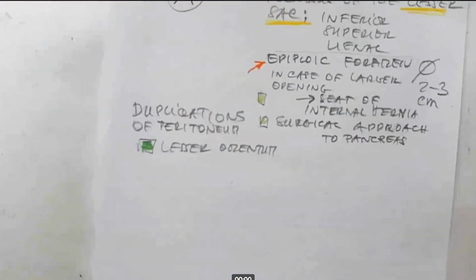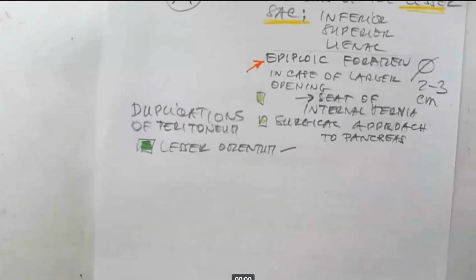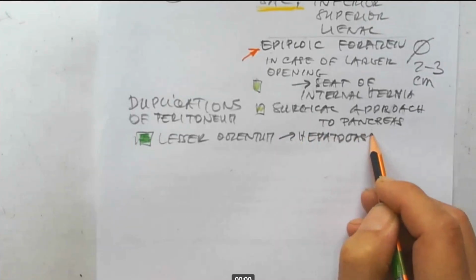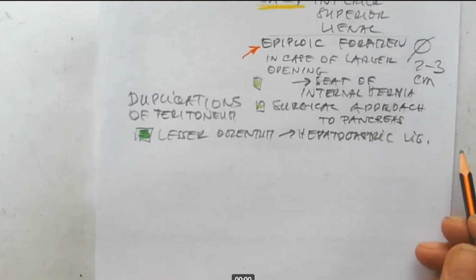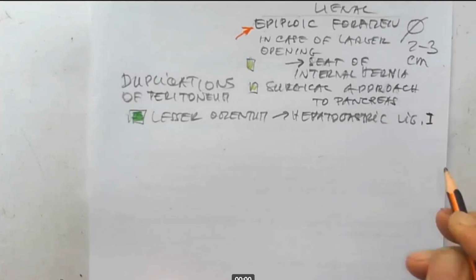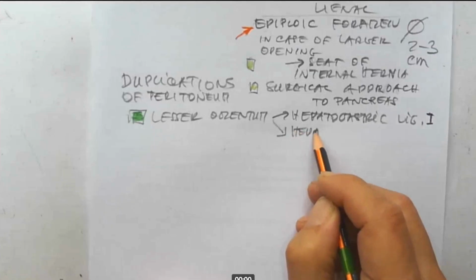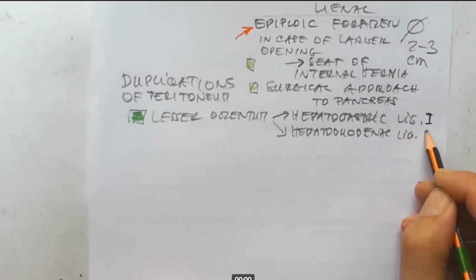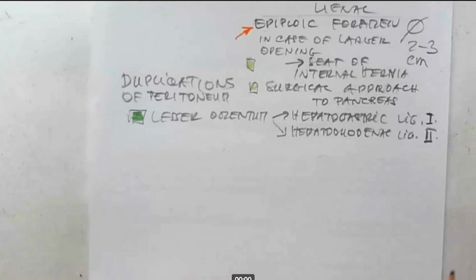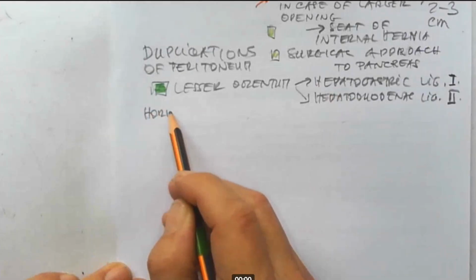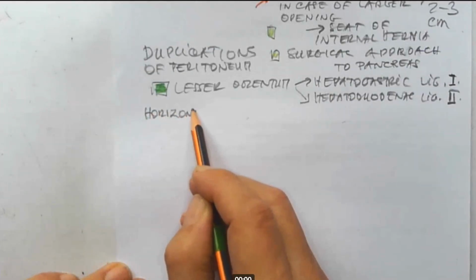So we will describe them again, because we have the lesser omentum, which consists of the hepatogastric ligament, maybe using Roman numeral 1, and the hepatoduodenal ligament, number 2, dark black, and we need a horizontal section, a very simplified horizontal section.